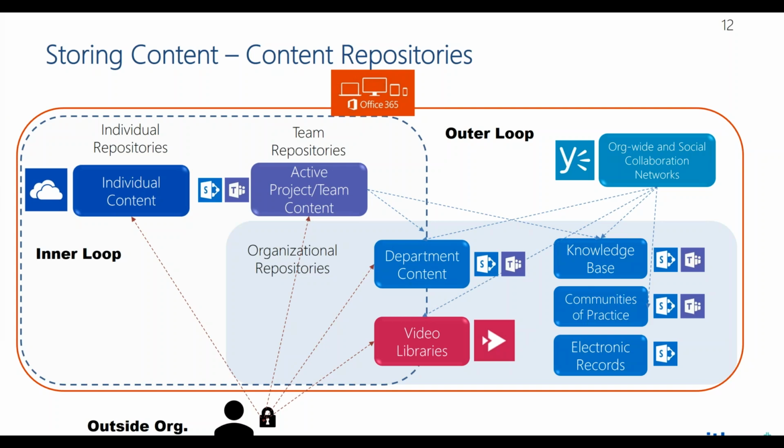But for anything that's organization-wide, like a knowledge base, like a community of practice structure, where you do want some consistency in how files are treated, how they're managed, I do think it's good to take that enterprise global view of how those types of files are treated, where they're stored, how they're classified, and to put some organization around it. But otherwise, individual content, active project team content that may exist in Teams, I like to leave a lot looser.